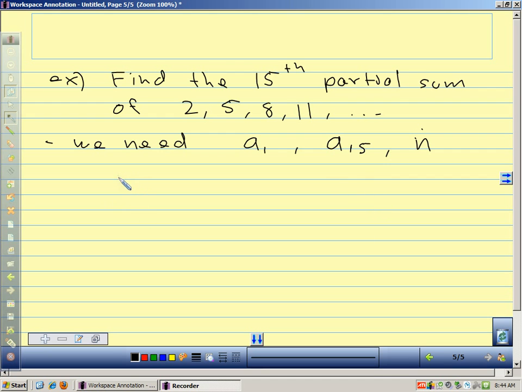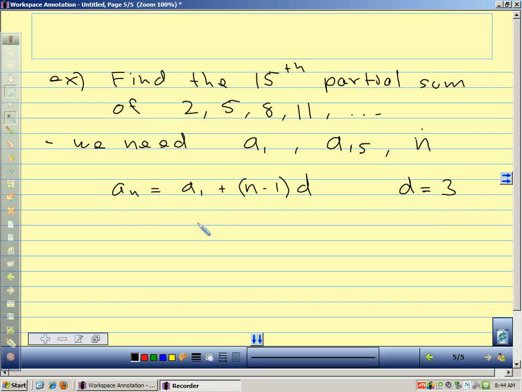We know that a sub n is a sub 1 plus n minus 1 times d. What's d here? 3. D equals 3.